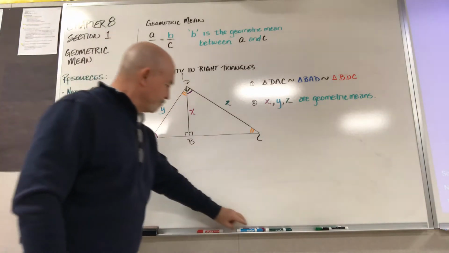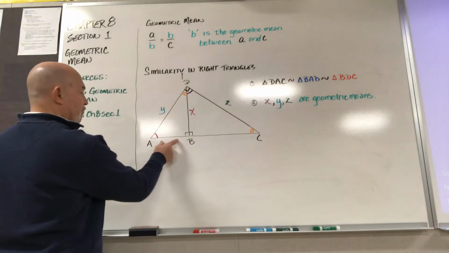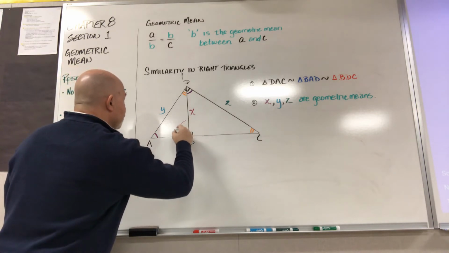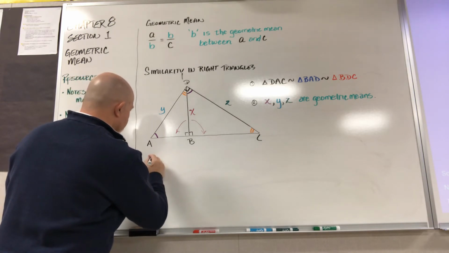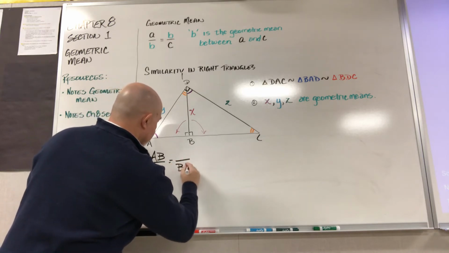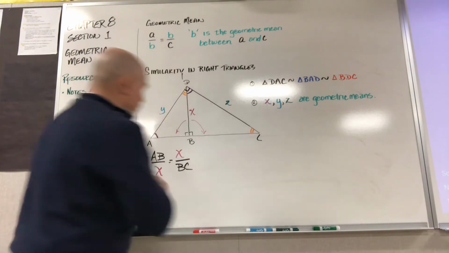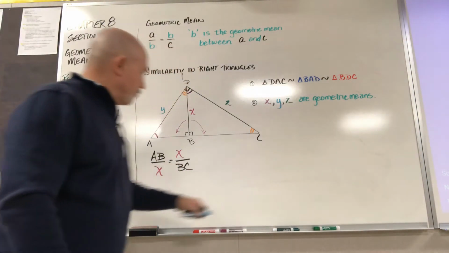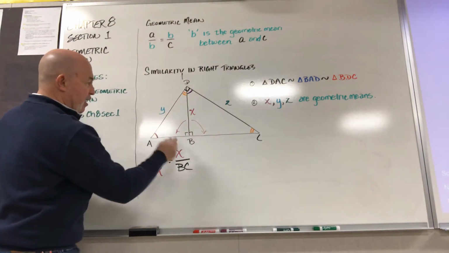I'm going to start with X. X is the geometric mean between this and this. Legs, legs. Okay, there's our first one. The Y is the geometric mean, as I said, leg to leg.